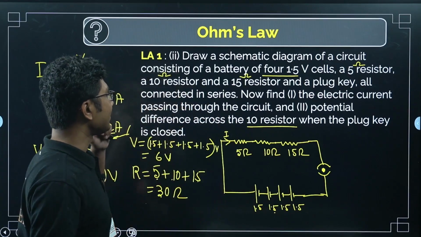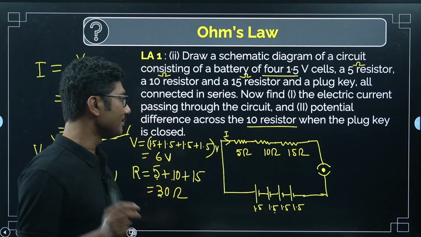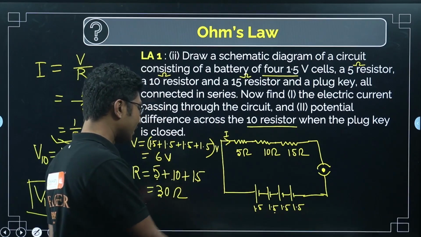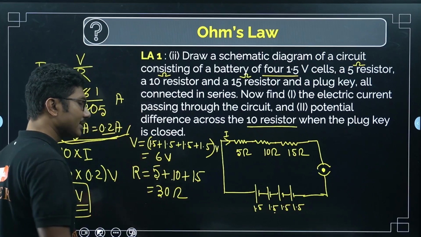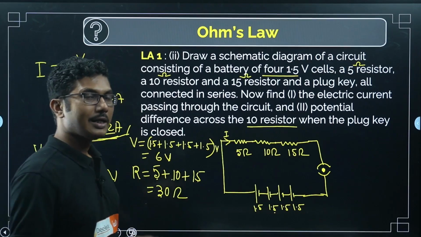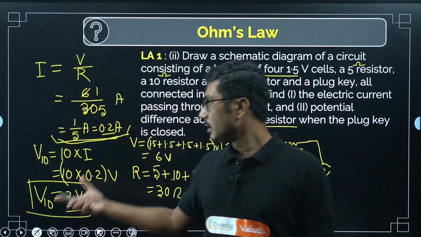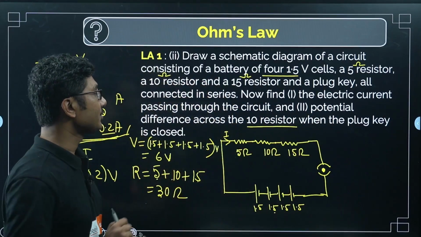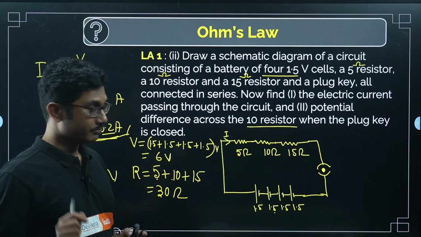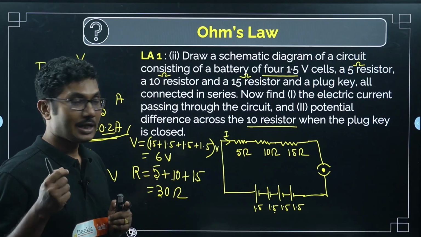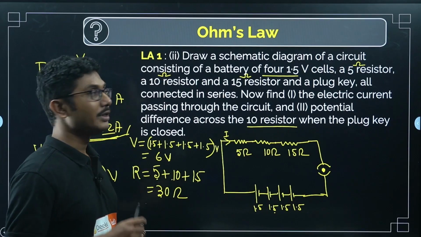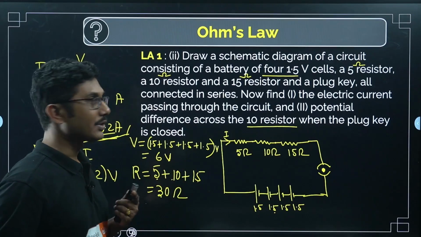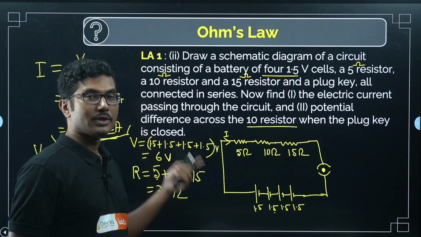So this question in my opinion is not very easy, because you have to draw the diagram, you have to find the voltage, you have to find the resistance, then you can find the current. This is very important, but it is from one of your previous year questions. So if you are thinking this is a very difficult question, actually it is given to you in previous year questions. So they might change the values, they might change the structure of the question, but what you have to do, you have to do the same thing.